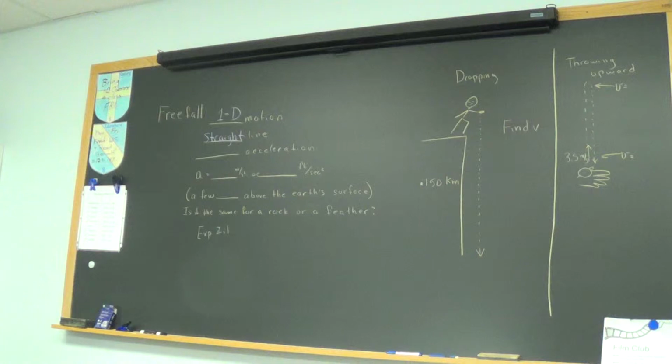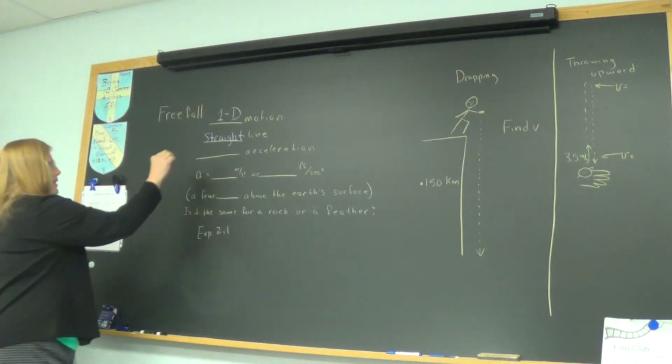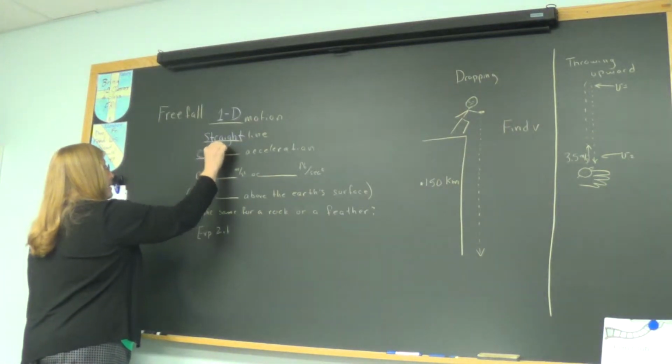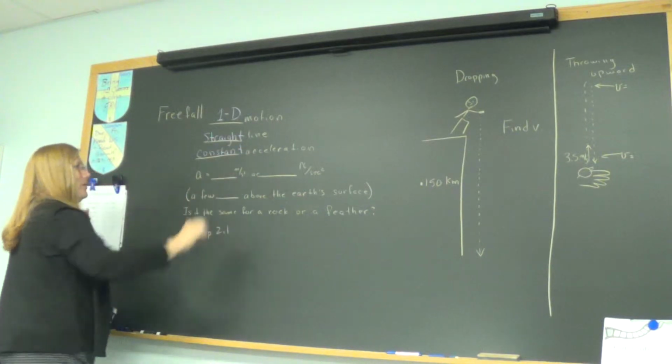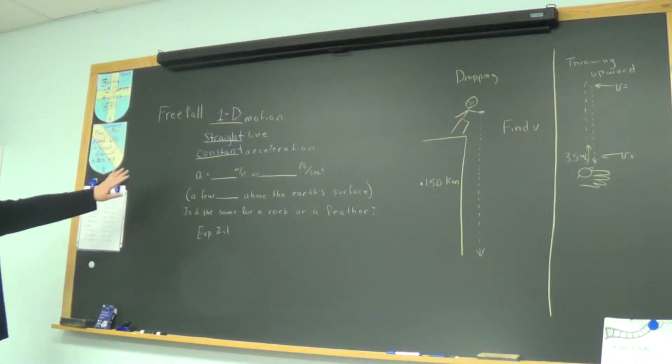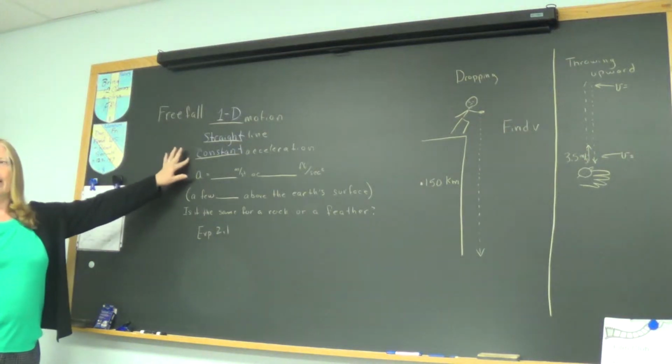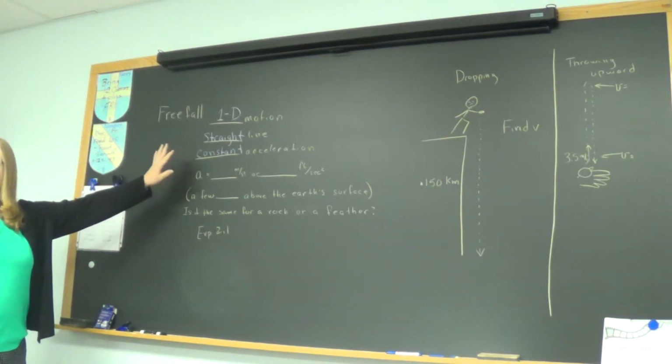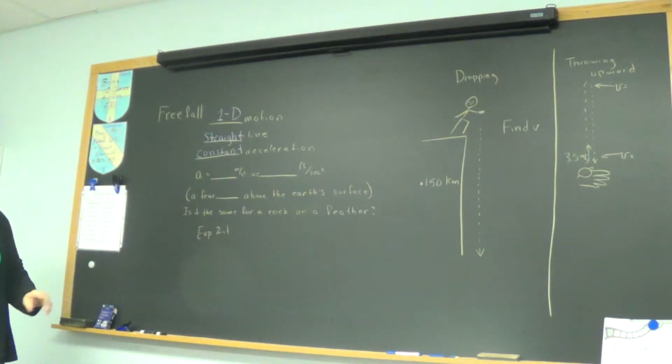Constant acceleration, right. Remember the stink bug example? Usually when a stink bug walks across the table, he walks fast, slow. We can't use the equations for the stink bug. That's not constant velocity. This is constant acceleration. So keep that straight.